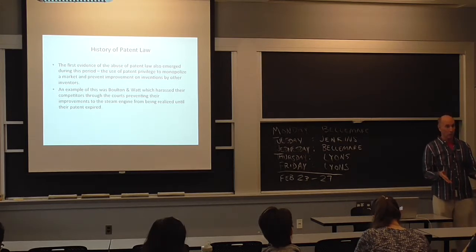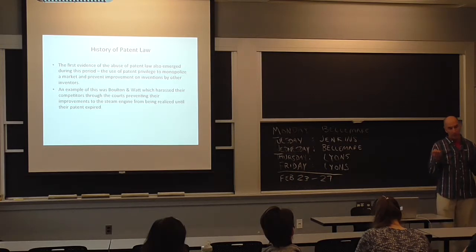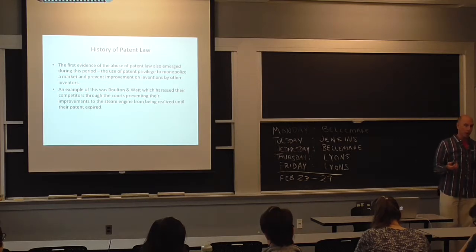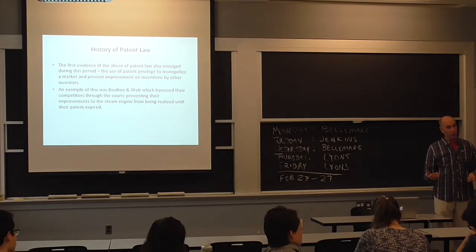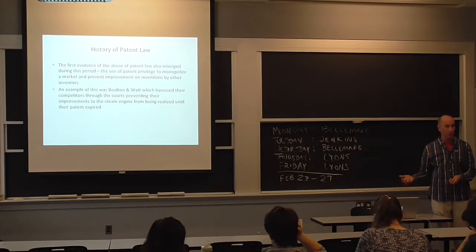Maybe I'm in more agreement with Benjamin Franklin on this than most people, and that's the tension that we have as a society. In order to promote science, we have to give people an incentive to develop new processes and methods and inventions.